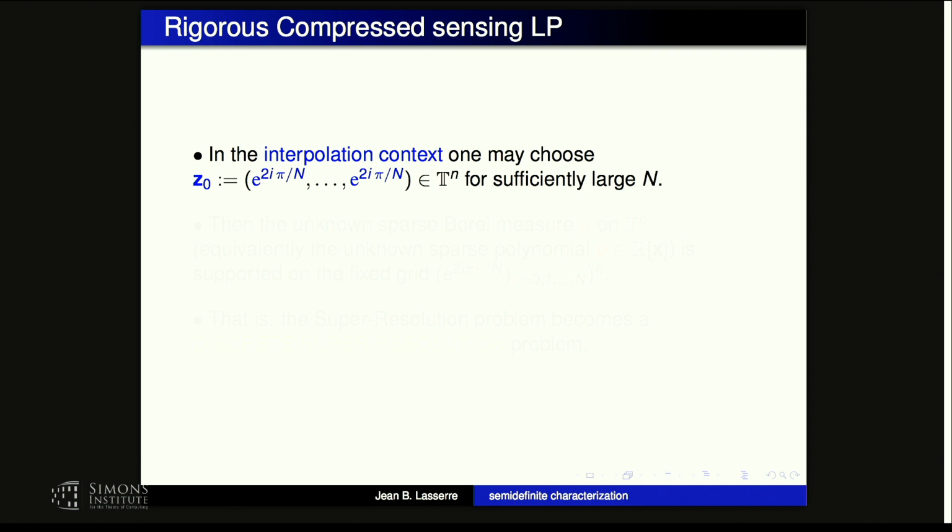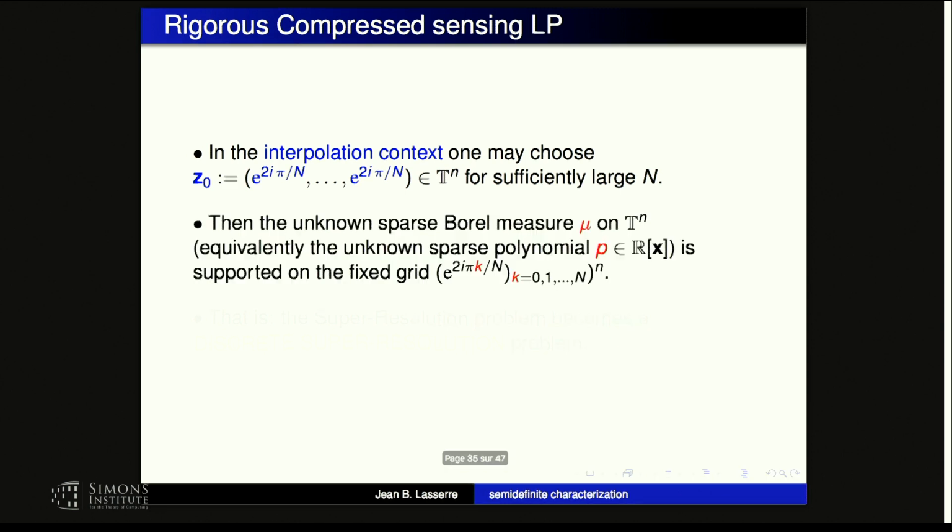You take n large enough, and if you take n large enough, you assume that your atoms are just on a fixed grid on your torus. And this is a particular case of super resolution, which is called discrete super resolution.